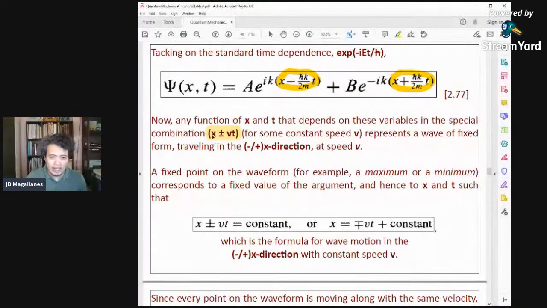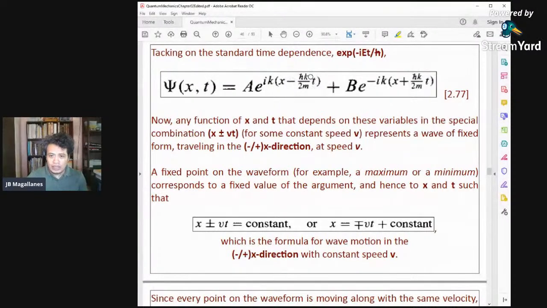If you have a function of x plus vt, that is a wave function that's going to the left. If you have x minus vt, that's a wave function that's going to the right. So you have learned that in your previous courses.